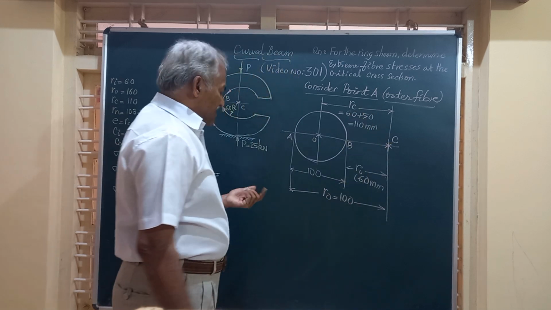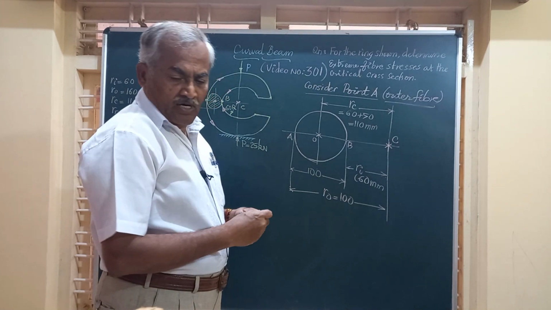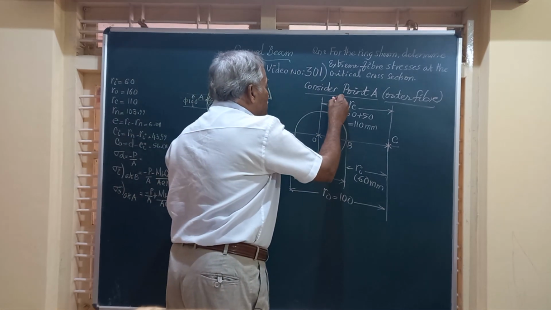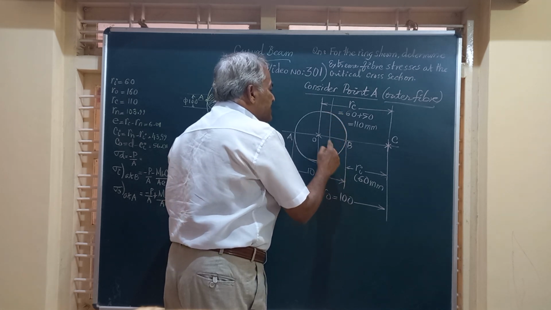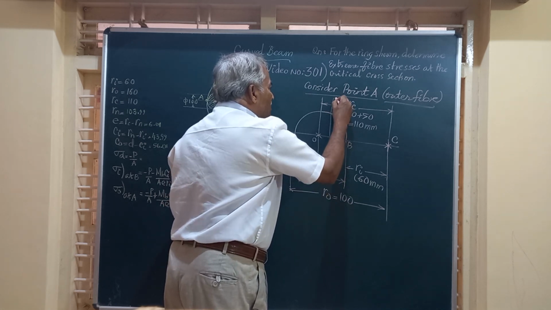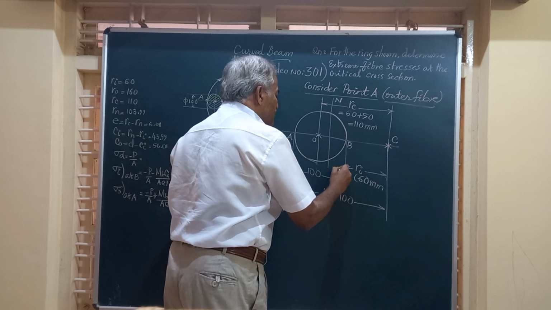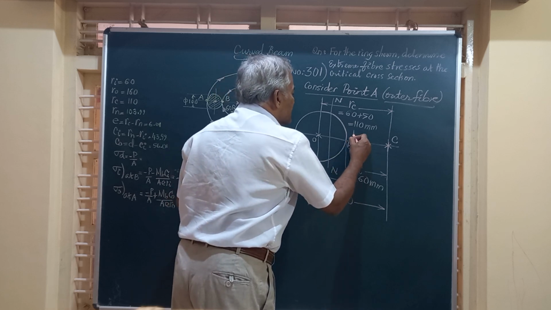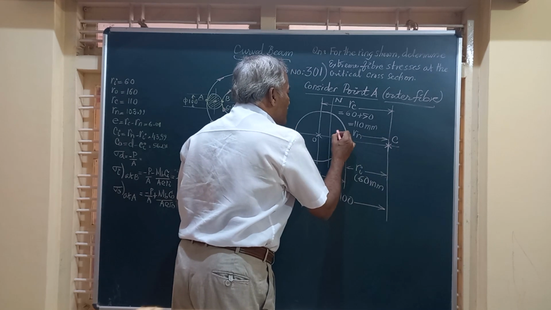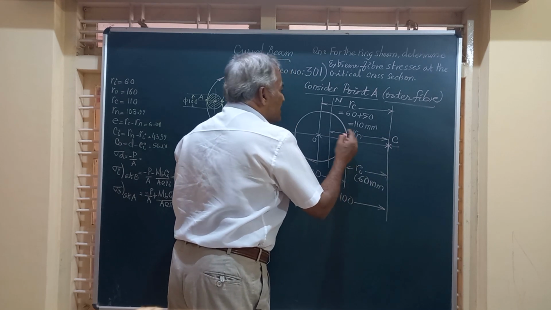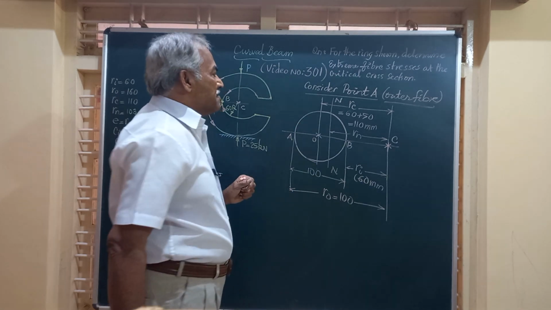Then friends, we have an axis called the neutral axis, which does not undergo either tension or compression. I will call this N and N. It's a neutral axis. And the distance from here to here, center of curvature to the neutral axis, is called Rn.